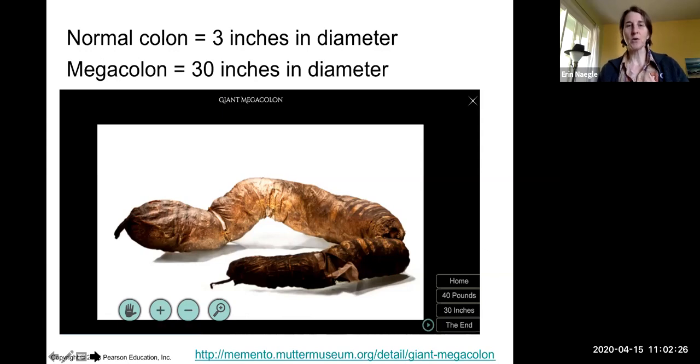A normal colon is about 3 inches in diameter. This megacolon at its largest diameter, which is down here closer to the anus, was 30 inches in diameter. Holy moly.